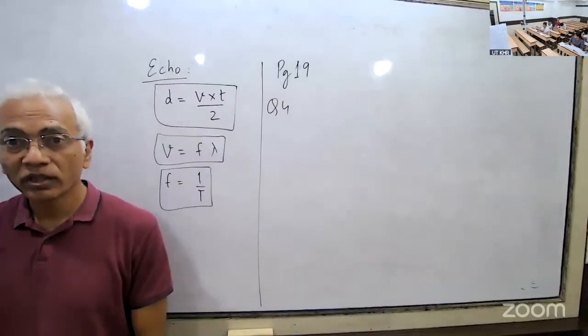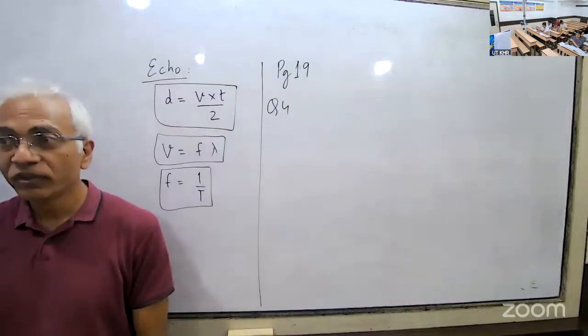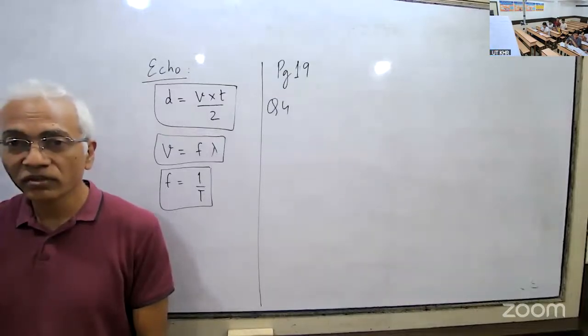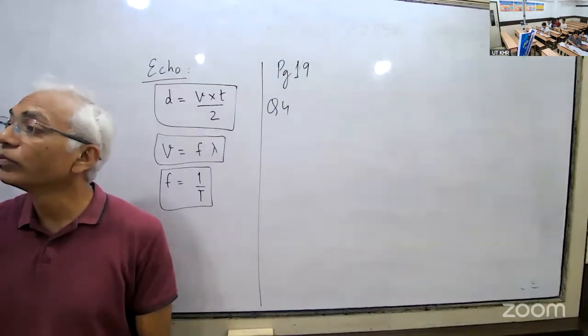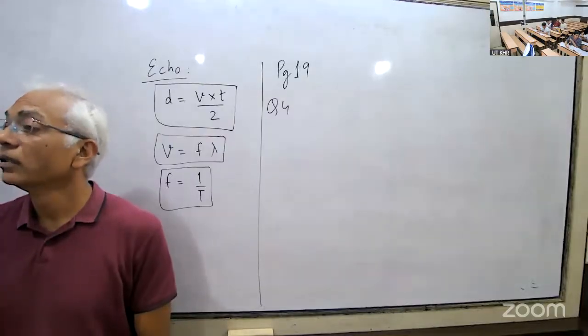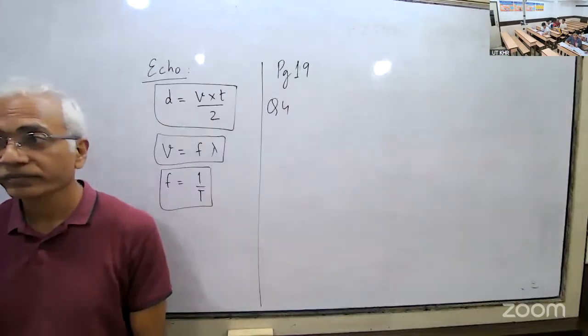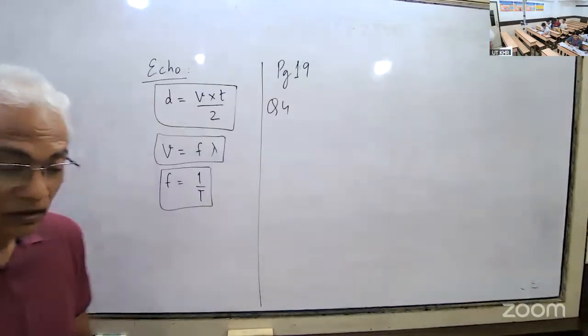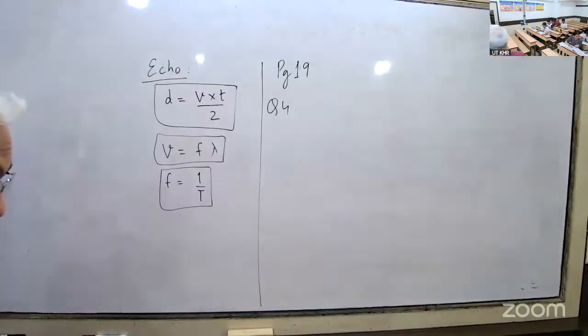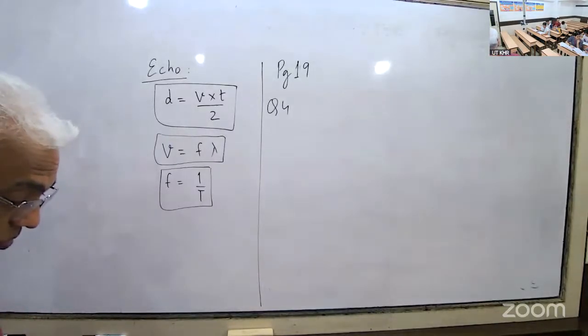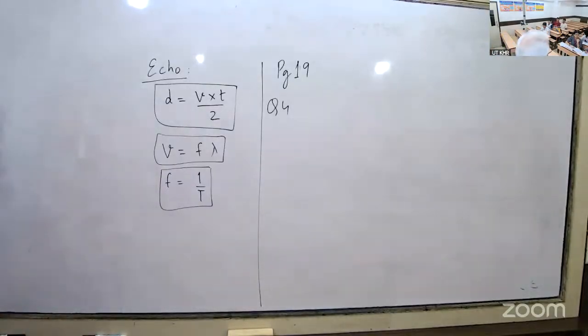Volume 2 or the textbook. If you have Selena, then you will understand. Otherwise, you need to have the volume. Open volume 2, page number 19. We are doing question 4 from classwork numericals. Sorry, I read the homework question.